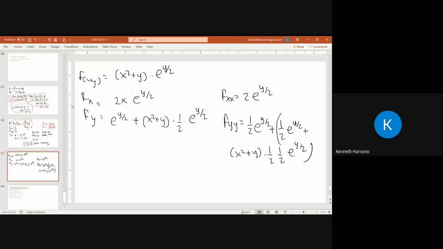Or we can simplify this one with e power of y over 2. This one plus this one, right? Just becomes 1 here, plus 1 over 4 times x squared plus y times e power of y over 2.